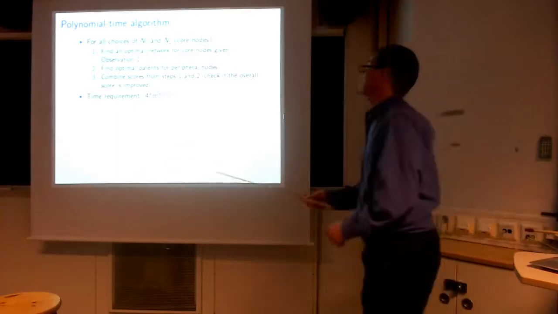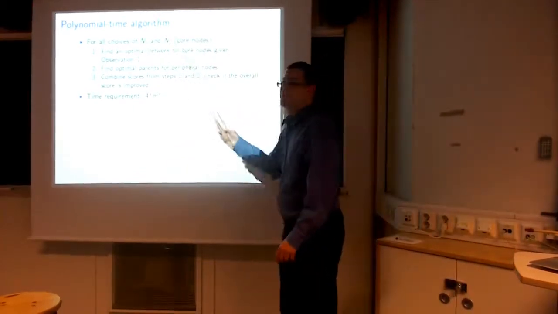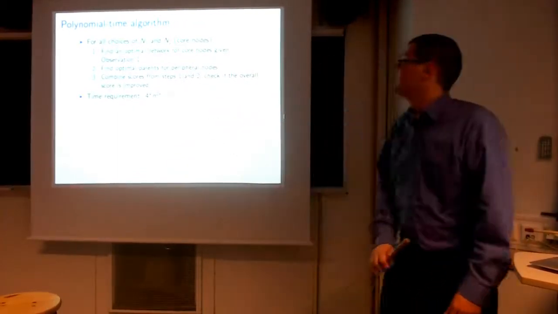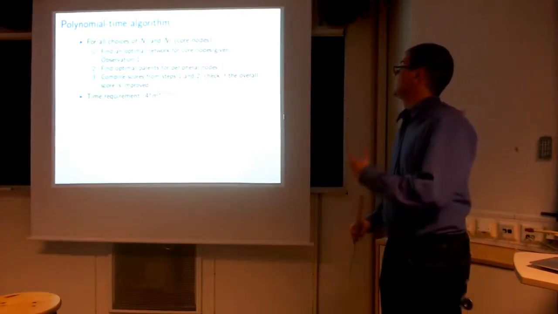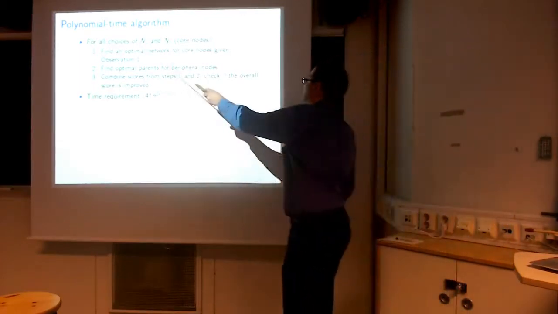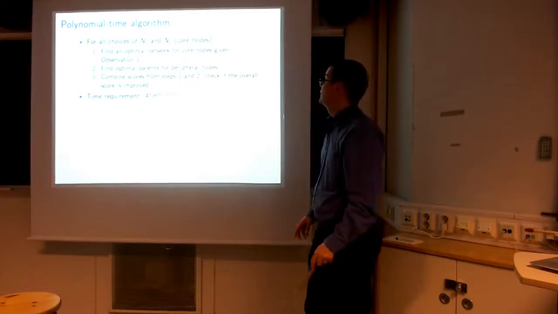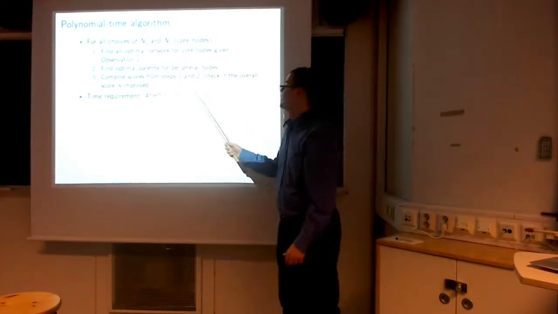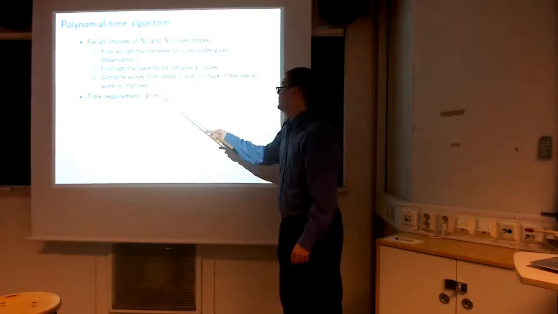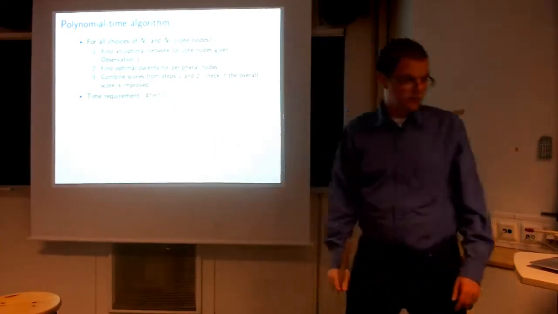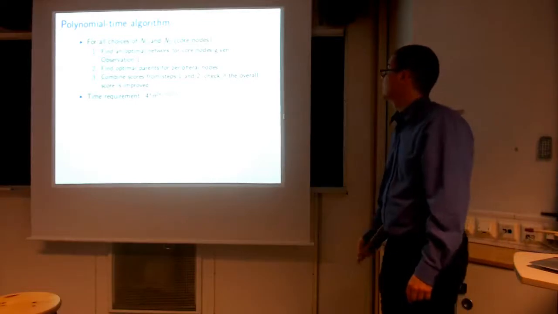So then we just need to go through all possible choices of these core nodes, so the vertex cover and the parents of the vertex cover. And because we have a vertex cover of size k, we have a polynomial time requirement here.